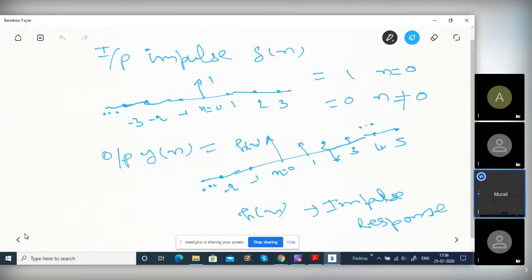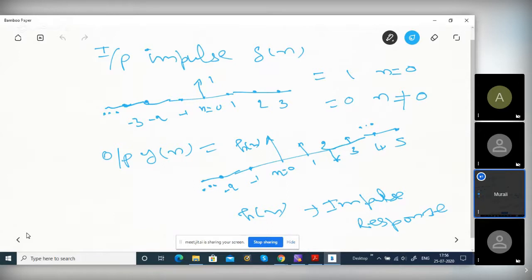So what is an impulse? Digital impulse. Delta n is equal to 1 at n equal to 0, and delta n is equal to 0 when n is not equal to 0.